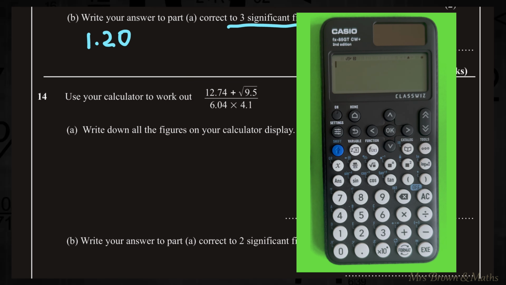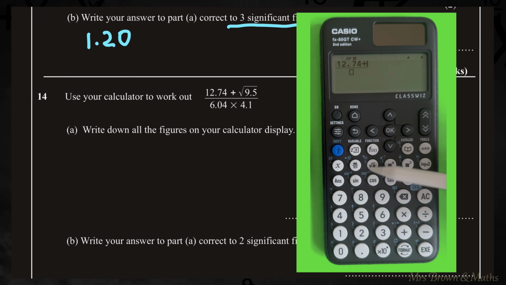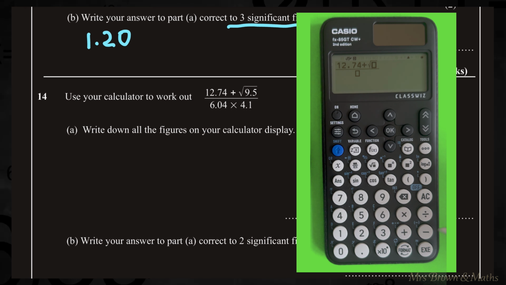Right. Question 14. So obviously it is fraction. I click fraction. So top is 12.74. Add square root 9.5.